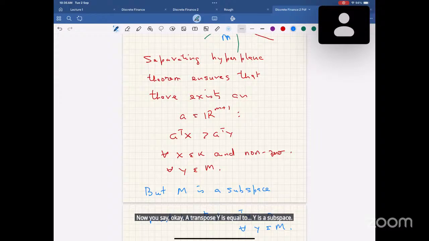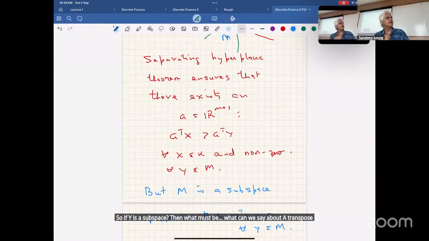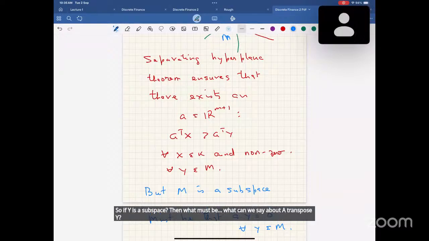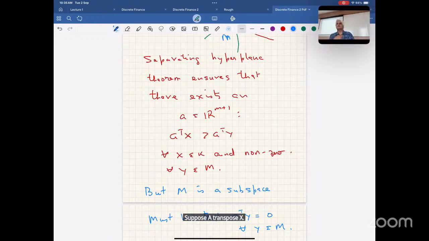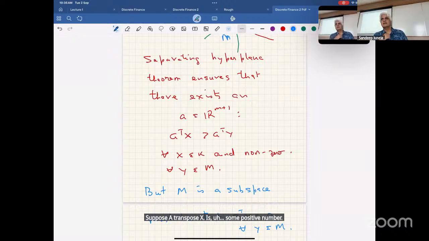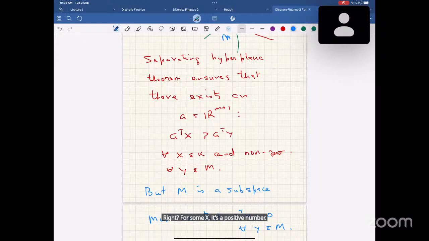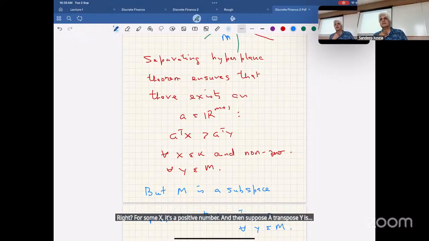Now, M is a subspace. So if M is a subspace, what can we say about a transpose y? Suppose a transpose x is some positive number for some x. And suppose a transpose y is a negative number, let's say it's easy that way.